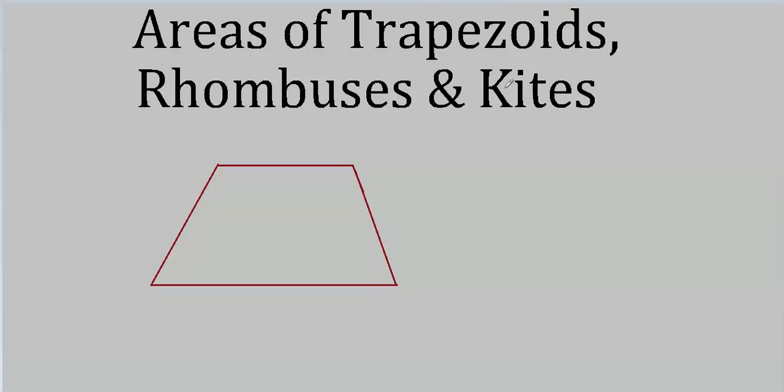Trapezoids, rhombuses, and kites. The names may sound unfamiliar because the shapes themselves are not nearly as common as rectangles, squares, and triangles. Well, triangles are popular because, as we've already shown, a triangle produces a really stable frame, as opposed to a rectangle.